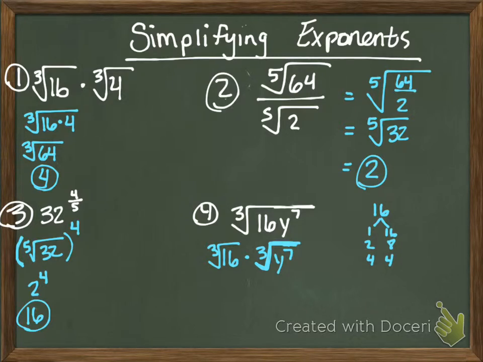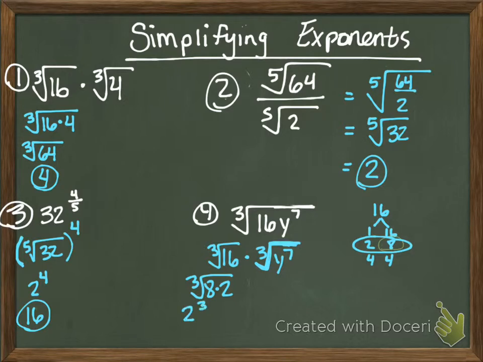I know the cubed root of 8. So we're going to say that the cubed root of 16 is the cubed root of 8 times 2, because we're going to choose these factors because I do know the cubed root of 8. And the cubed root of 8 we know is 2.